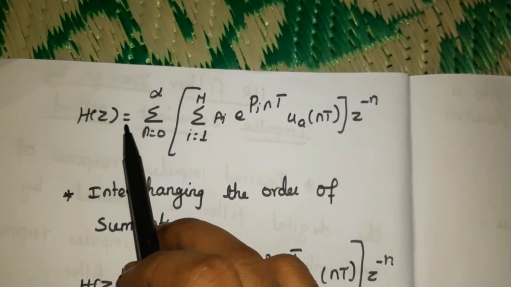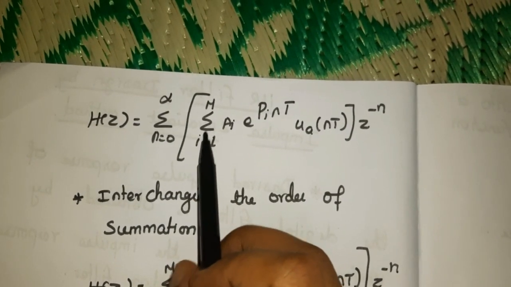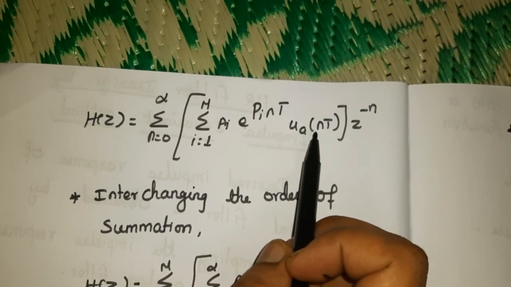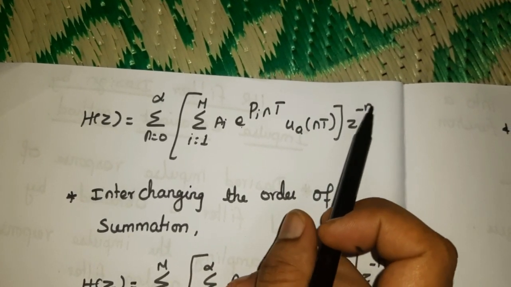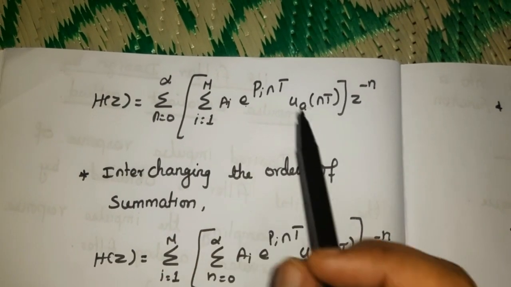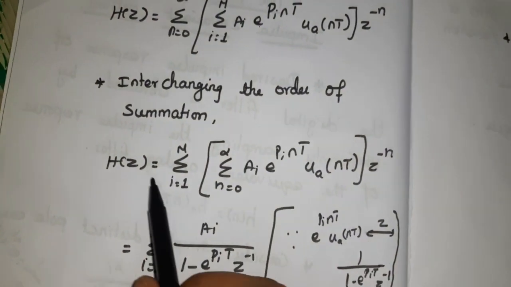So H of z is equal to the summation of n equal to 0 to infinity, summation of i equal to 1 to m, a_i e power p_i nT u_a of nT into z power minus n. Now interchanging the order of summation for finding the z transform, we will get H of z.